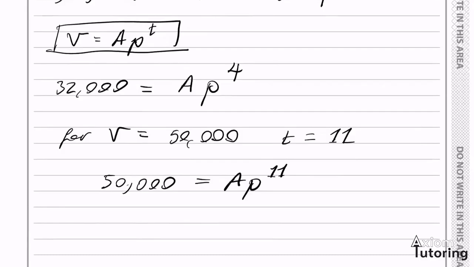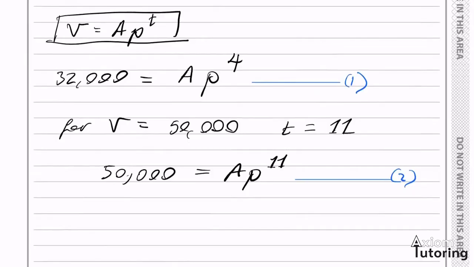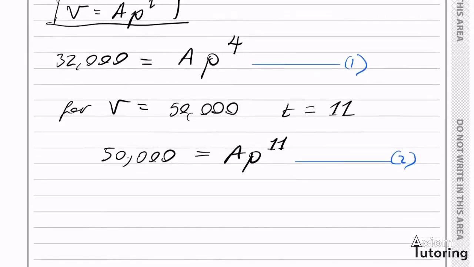Okay, so now we have equation 1 with 2 unknowns and equation 2 with 2 unknowns. So here we have simultaneous equations.